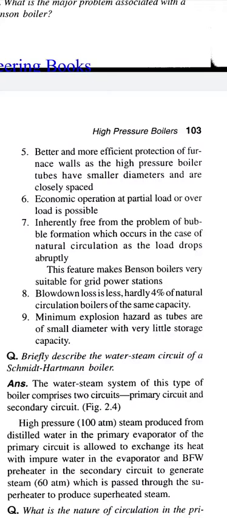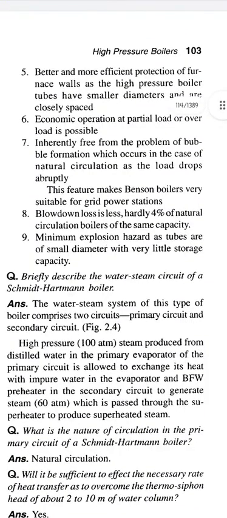This feature makes the Benson boiler very suitable for grid power stations. Blowdown loss is less, hardly 4% of natural circulation boilers of the same capacity. Minimum explosion hazard, as tubes are of smaller diameter with very little storage capacity.